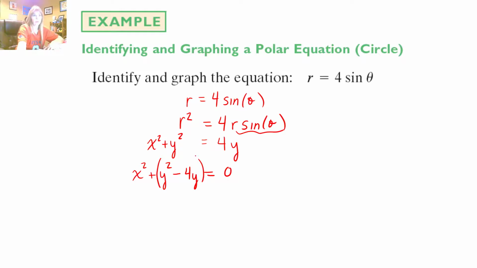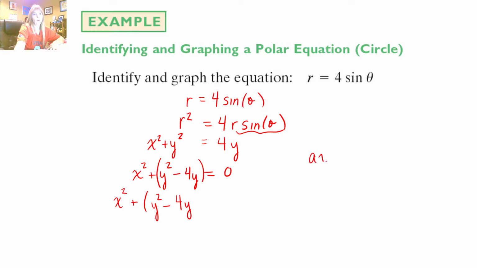If it's a circle, then what I need to do is actually complete the square. But what I need to do is get it in the right form. So I'm not doing anything with the x squared, and I'll just leave this in parentheses. So do you remember how to complete the square? No? Maybe?